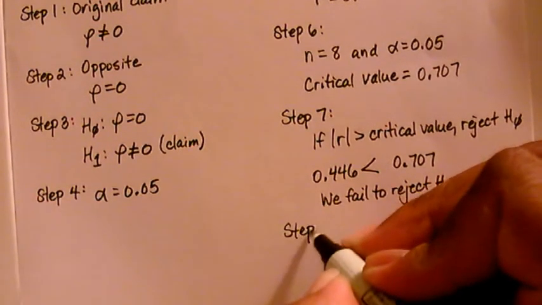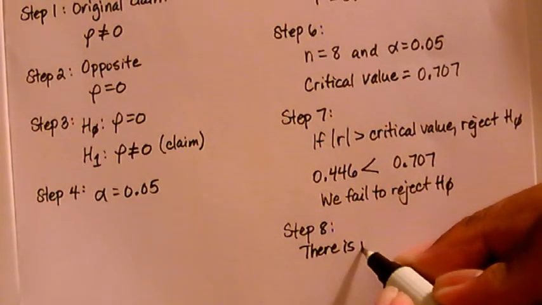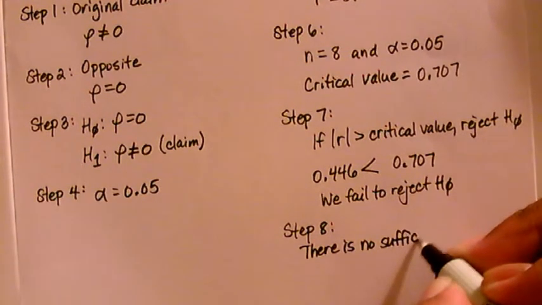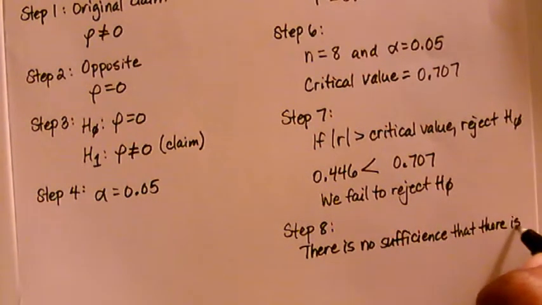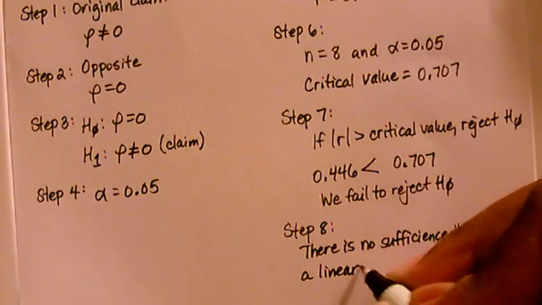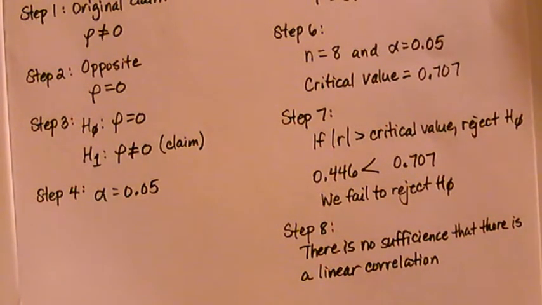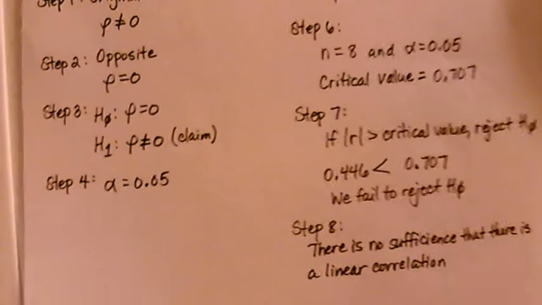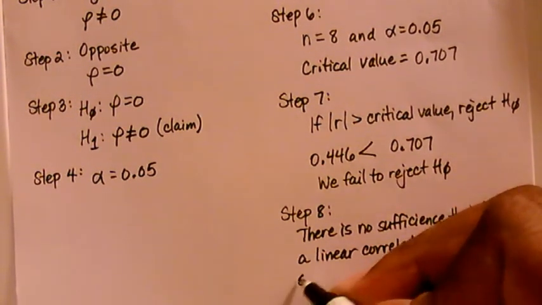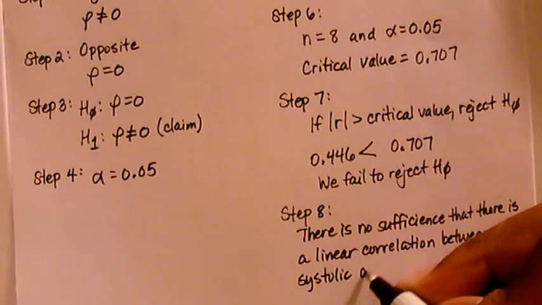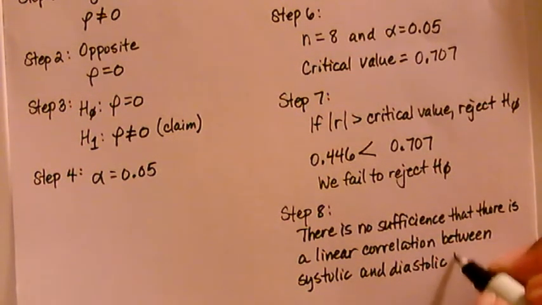So when we fail to reject the null hypothesis, that means that there is no sufficient evidence that there is a linear correlation between systolic and diastolic blood pressure readings.